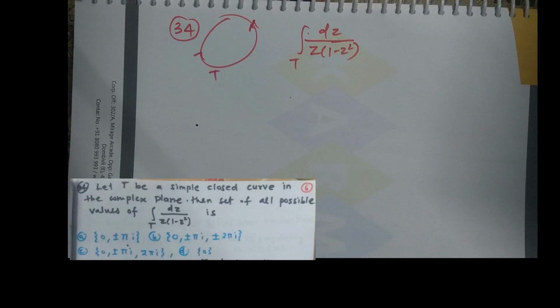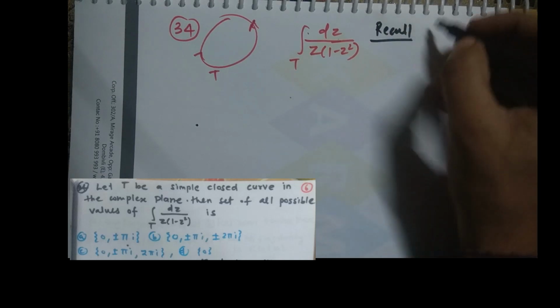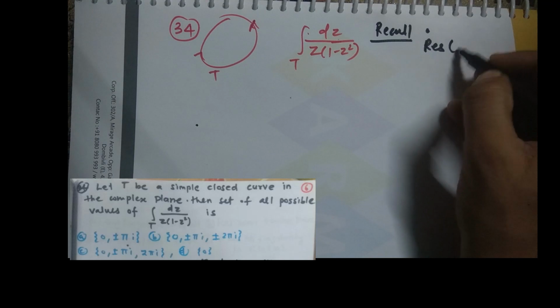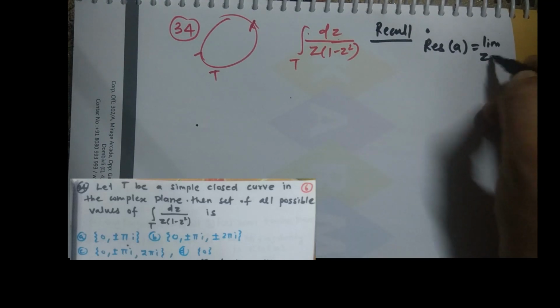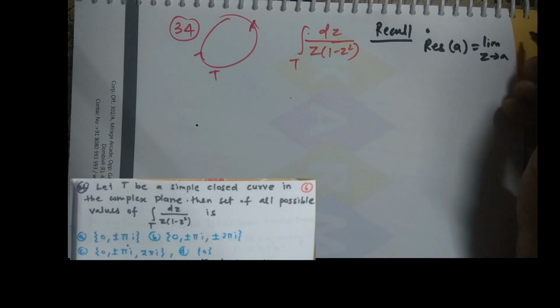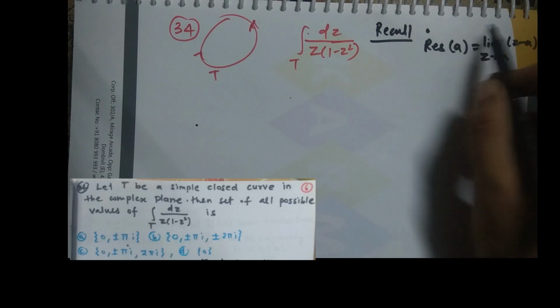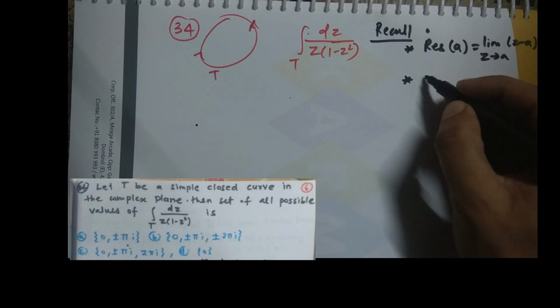Before we start solving this question, let me recall a few facts. Residue at a pole, suppose a is my pole. So what is the formula for residue? Limit z tends to a, (z minus a) f(z). Okay, so this is the formula for residue at a simple pole. Let me recall one more thing, the Cauchy residue theorem.